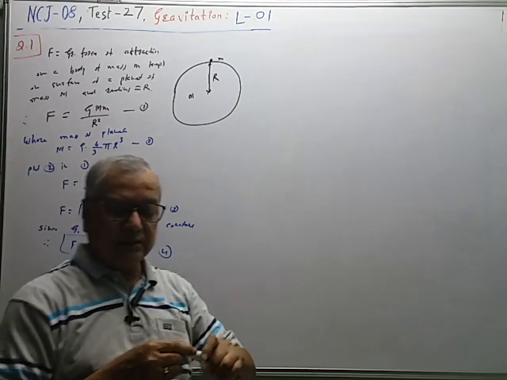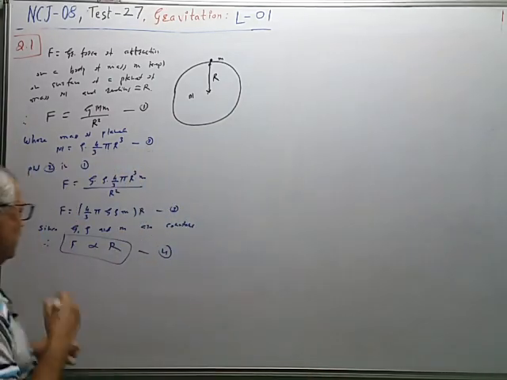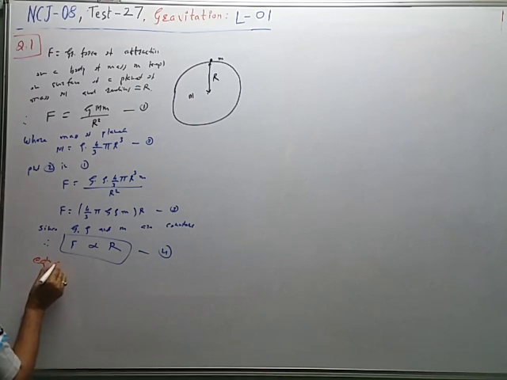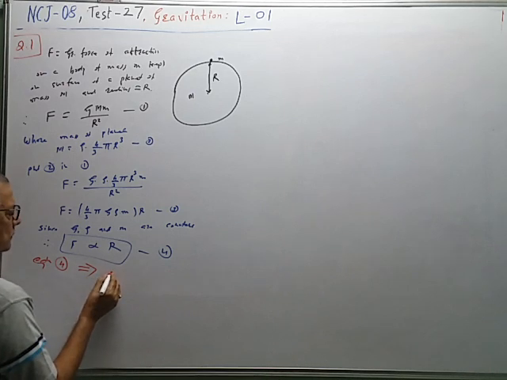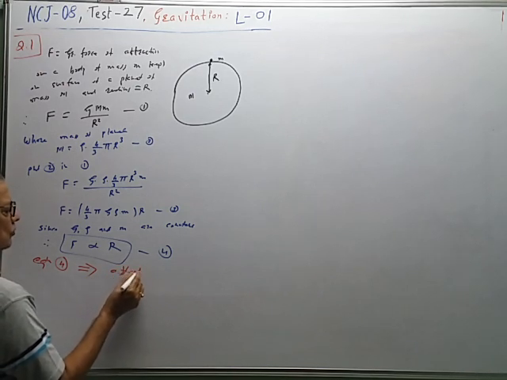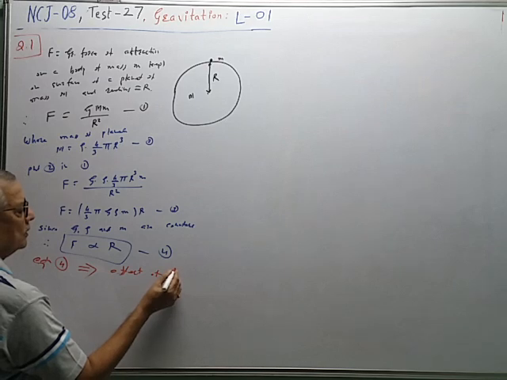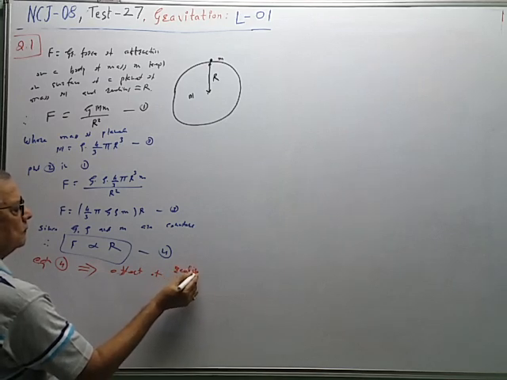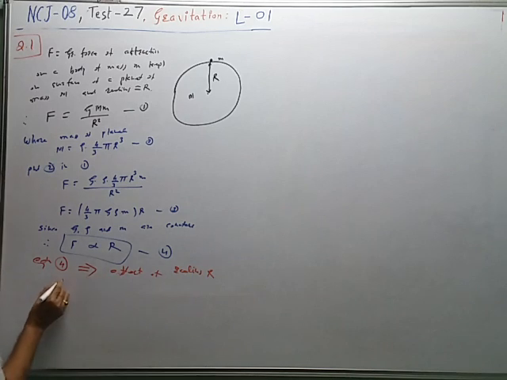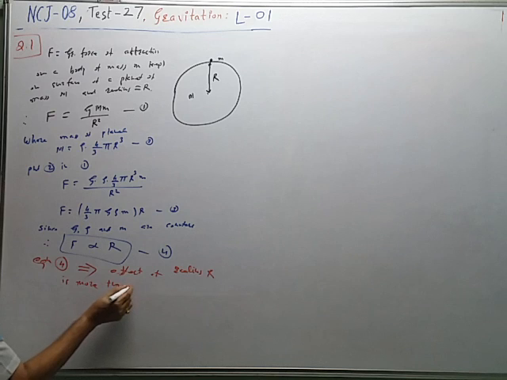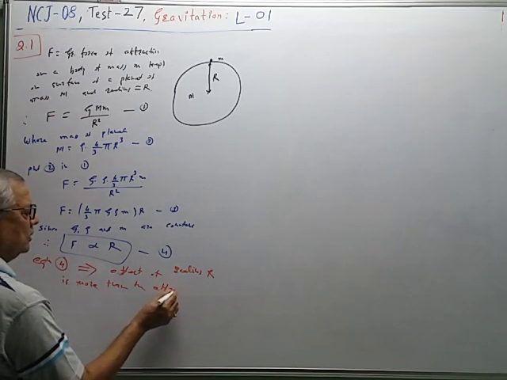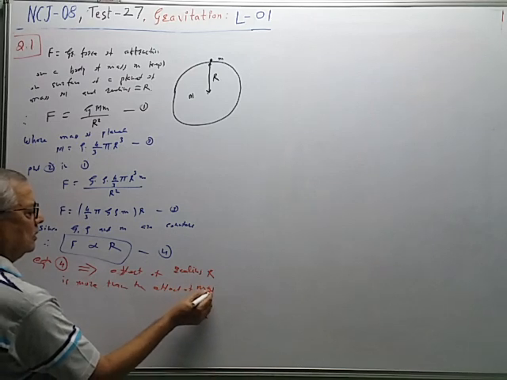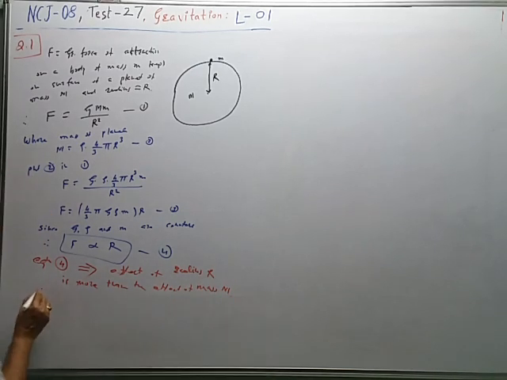So the result is like this. Equation 4 shows that effect of radius R is more than effect of mass m.